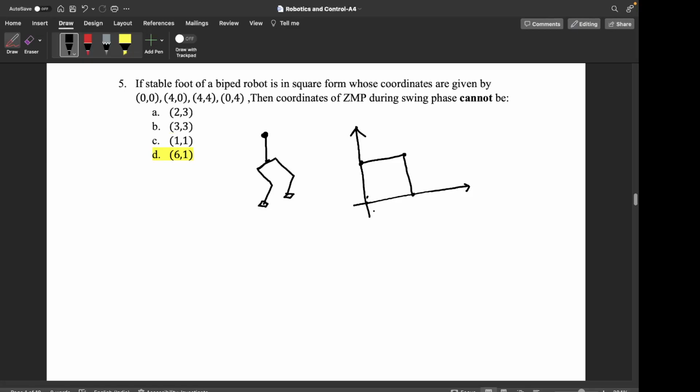Right, so the coordinates are given as 0, 0, 4, 0, 4, 4, and 0, 4, right?